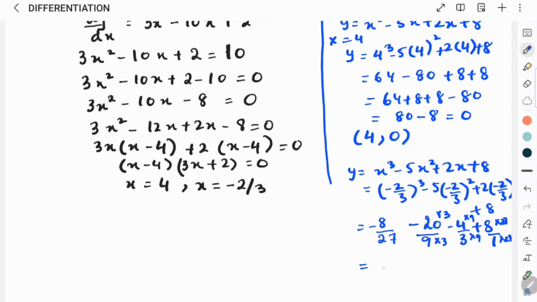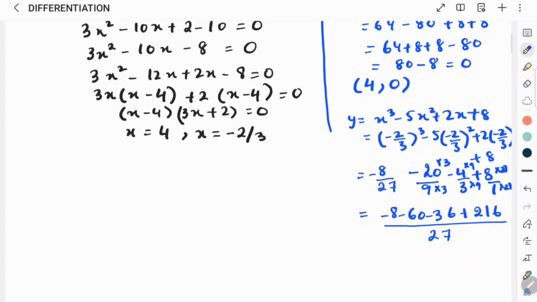Okay, so that is minus 8 minus 60 minus 36 and minus 8 times 20 plus 8 times 27 is 216 upon 27. Add them together and all minus will become minus 104 and plus 216 upon 27, and that will become 112 over 27.